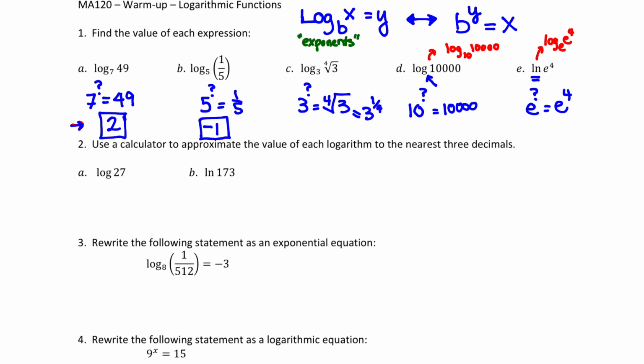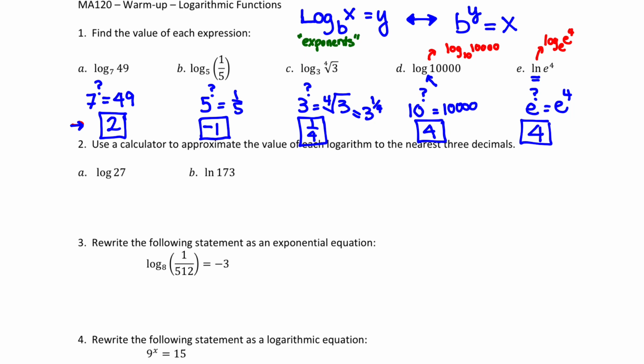Ella, did you get log of 10,000? 4, because 10 to the 4th is 10,000. And that last one, Mason? That's right, that one's 4. The question mark has to be 4: e to what gives me e to the 4? Beautiful, you guys are all good with those logarithms.